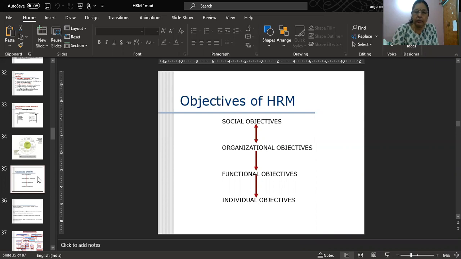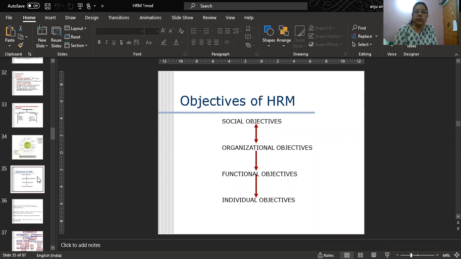What society expects from the organizations, what the society expects from the human resource in the organization. They will be having some expectations. Those expectations are the social objectives. So based on the social objectives, you will formulate the organizational objectives. Each organization will have its own goals, its own objectives. And based on the organizational objectives, they will formulate their department's objective.